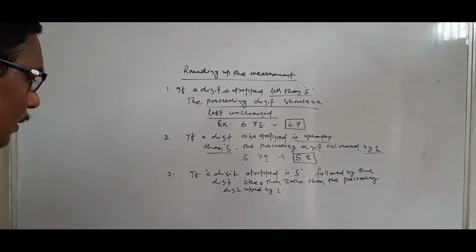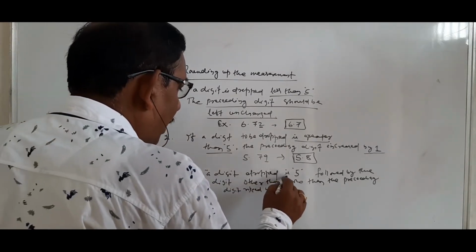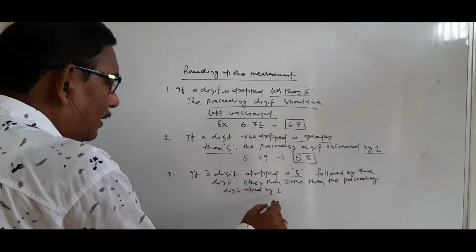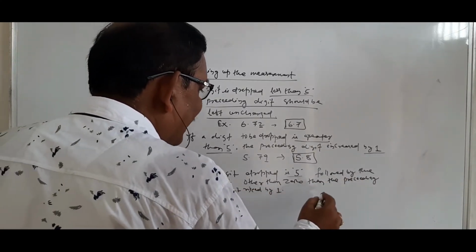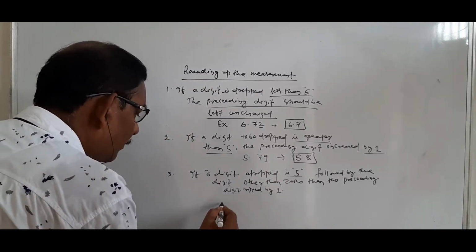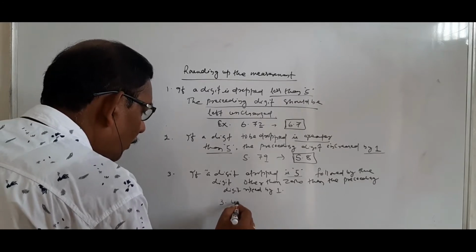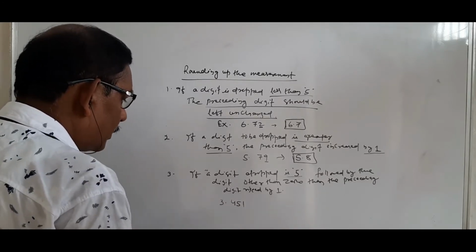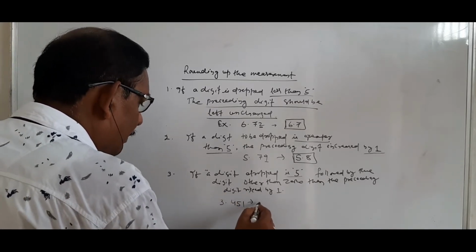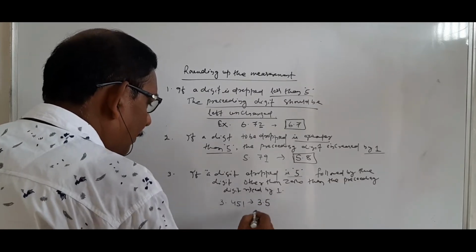Now come to the third one. If the digit dropped is 5 followed by a digit other than 0, then the preceding digit rises by 1. Take an example, 3.451. According to the rule, this becomes 3.5.